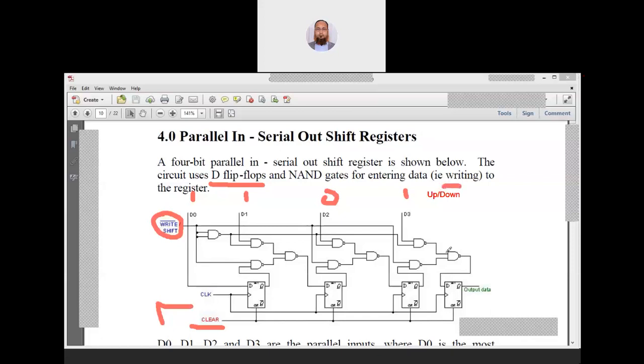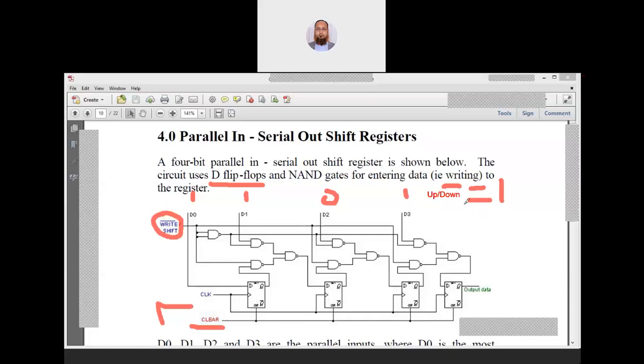As I told you, this contains two pieces of information. If it is 1, it means up equals 1, so it will perform the up counter operation.